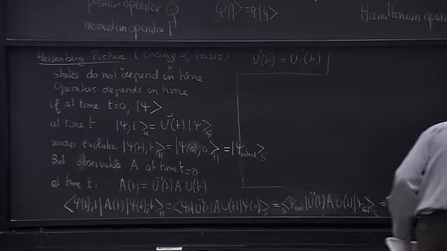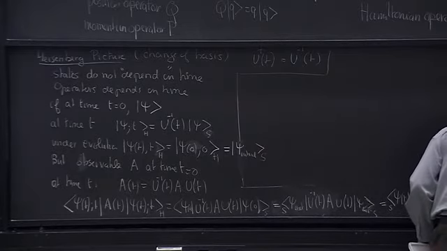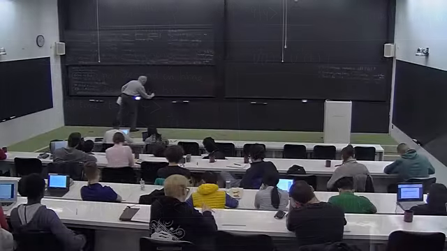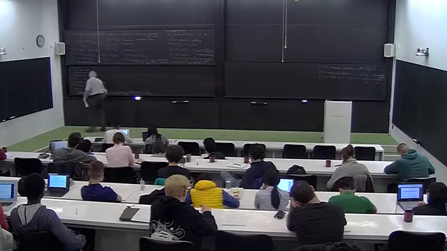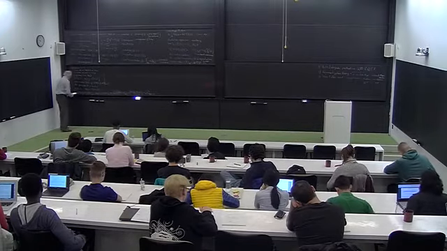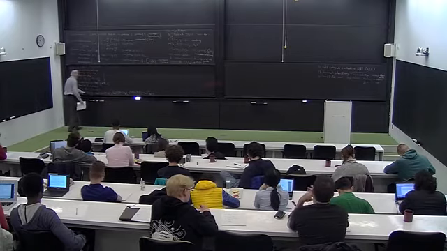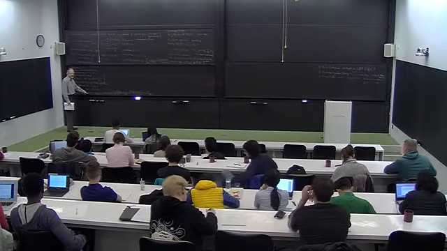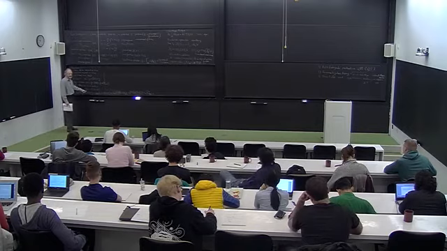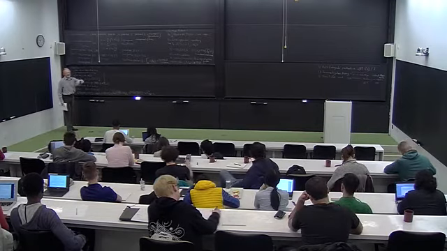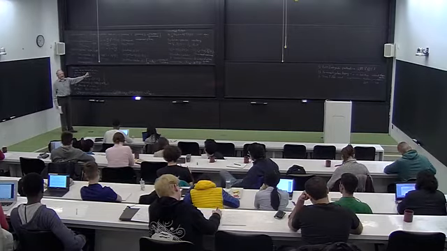So this is the expectation value of A on the state psi at time t in the Schrödinger picture. And that's the same thing as the initial state times A of t times the initial state. The initial state represents the quantum state at any time as long as you follow the unitary evolution given by the Hamiltonian H. So everything is consistent.